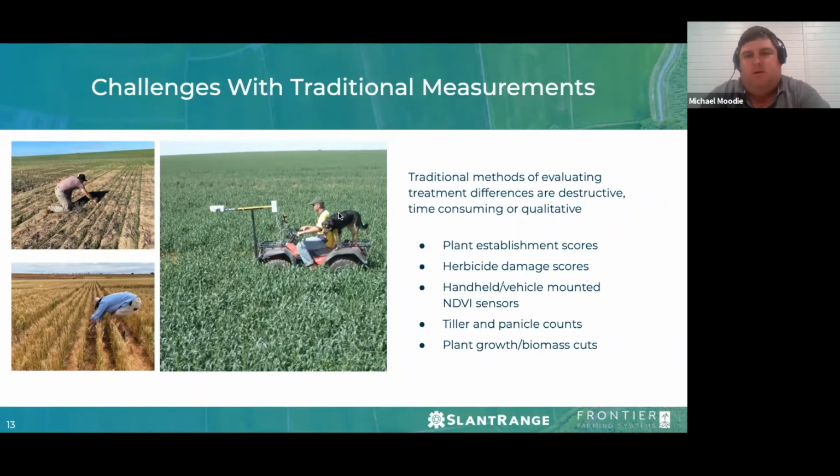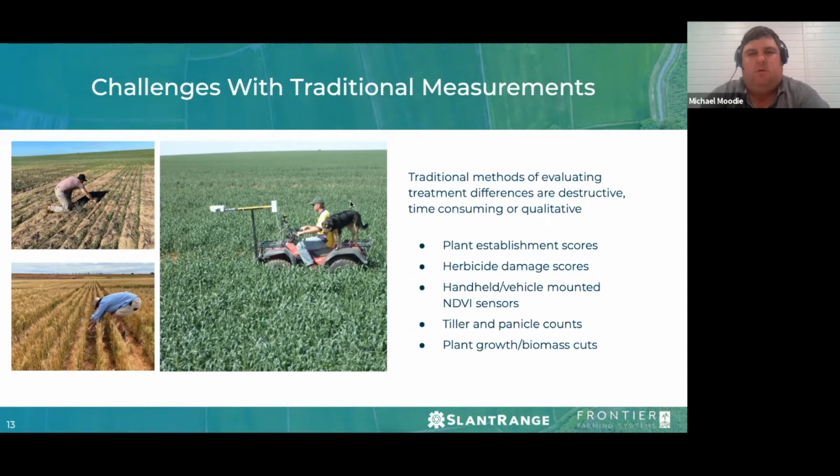We adopted NDVI handheld sensors 10 years ago, but we've found them pretty time consuming to use, and we ended up bolting that sensor that you see there in the picture to a tractor. So it was quite costly to drive a truck and a tractor around all our trial sites. Tiller and panicle counts take a long time, and another thing we do a lot of is biomass sampling at the end of the season as well, to get a feel for differences in plot growth.